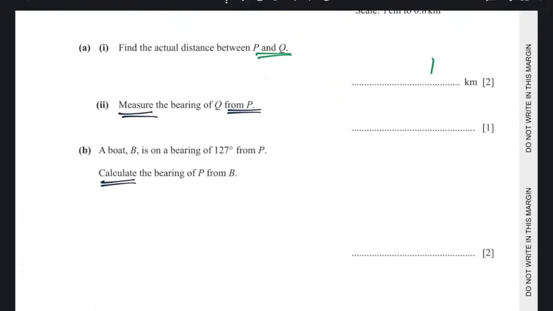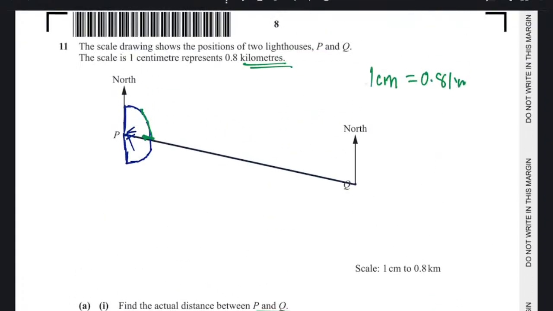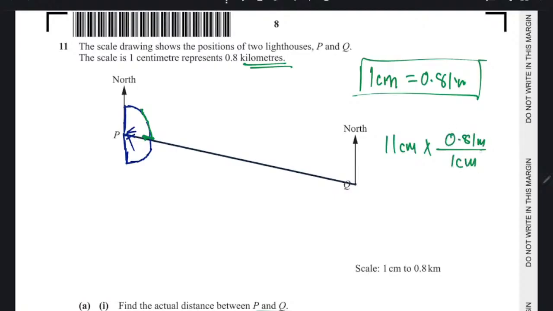It's like an exchange rate. So now let's say you found 11 centimeters. You say 11 times, you put centimeters at the bottom, then you put meters at the top. So the centimeter and the centimeter will cancel. It becomes 11 times 0.81 over 1, and it is in meters.